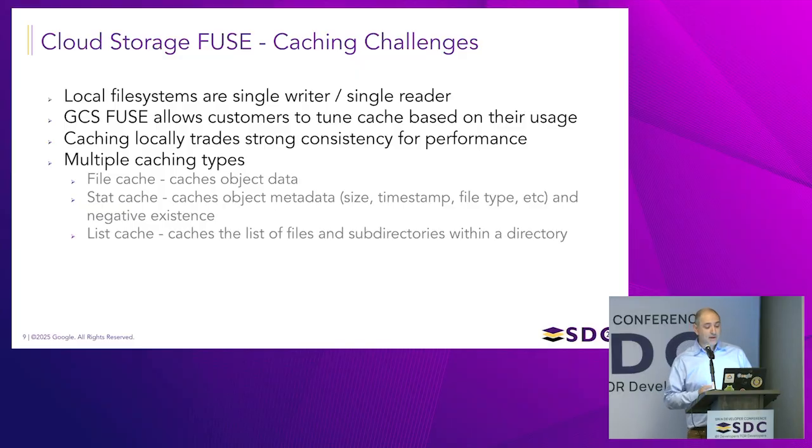We also have a stat cache, so we cache the object metadata, like size, timestamp, file type, content type. We also cache negative existence, so that a file doesn't exist is also in the stat cache. Again, that trades off strong consistency, where now you have a local view on your file system that doesn't necessarily match the source of truth in the cloud.